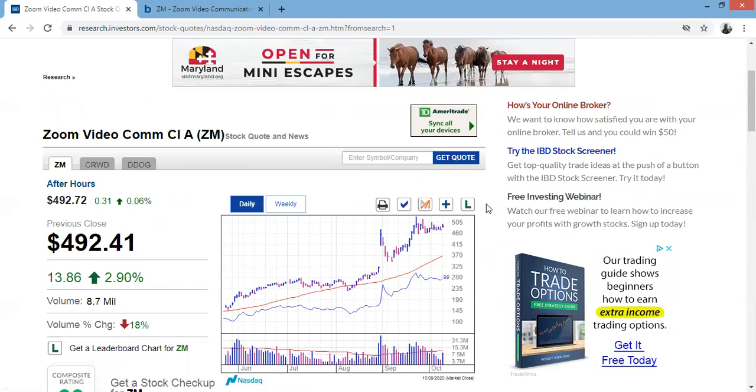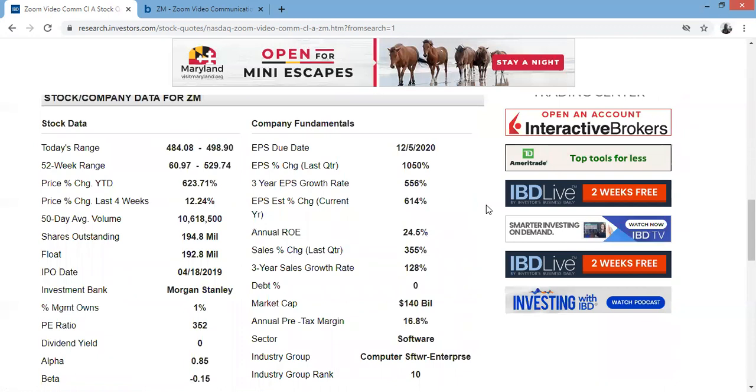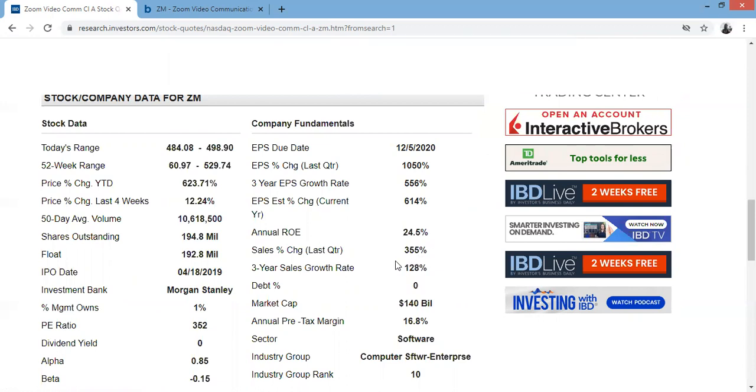So remember these numbers when you're looking for your company fundamentals. Earnings per share, at least 25% or above per quarter. Sales growth, over 25% per quarter.